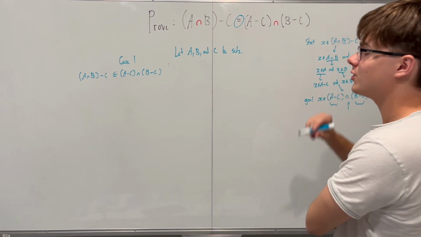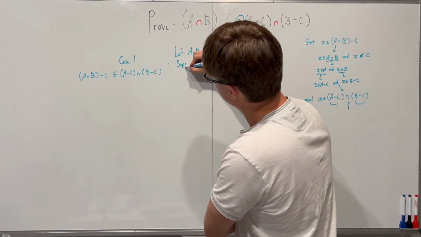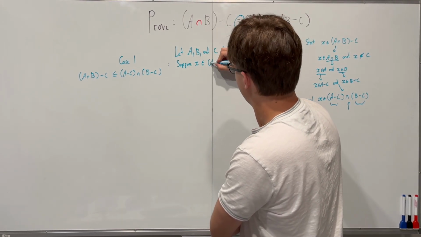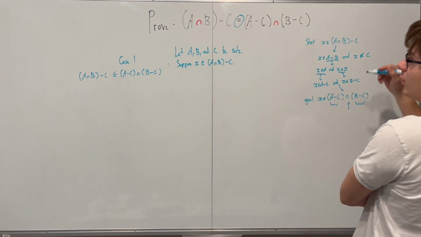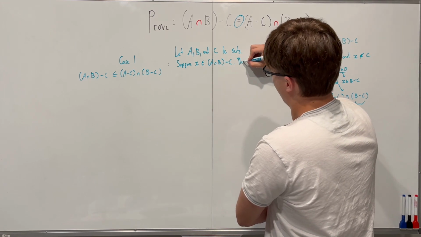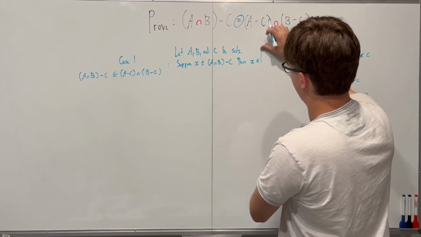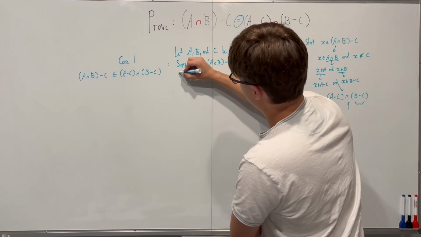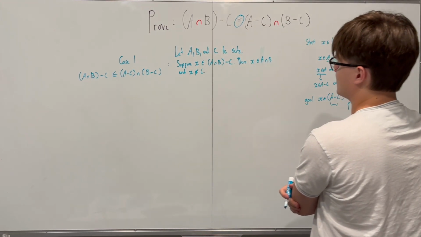We start by supposing our representative element, X. We say, suppose X is some element of our left-hand side, A intersect B minus C. Then, as we did here, we want to break down what it means for X to be an element of this set. It means that X is an element of A intersect B, and X is not an element of C. Fantastic.